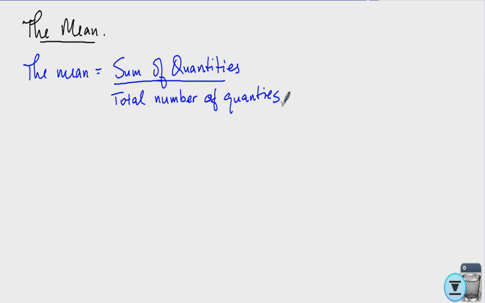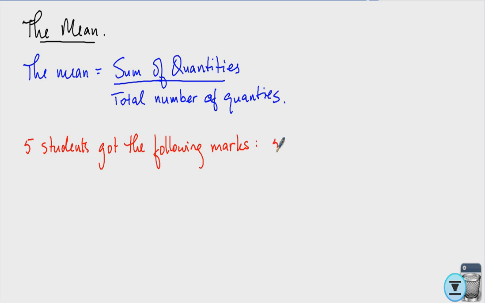What do we understand by that? So, for example, if there was a test and there were 5 students, and 5 students got the following marks in a test: 54, 59, 63, 67, and 71. Those were the 5 marks they got.